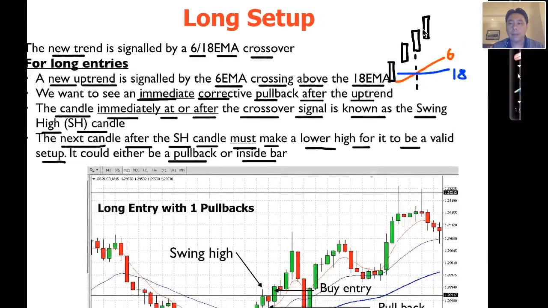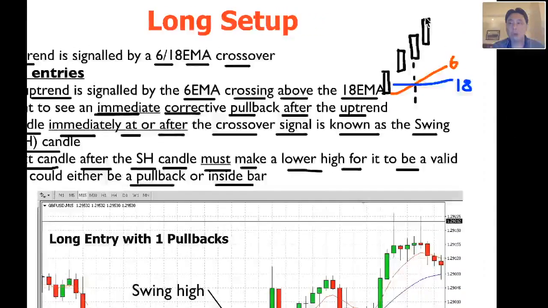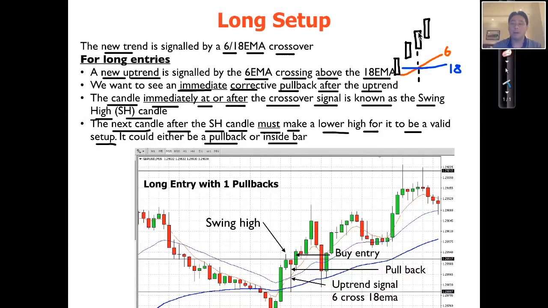This candle now becomes the swing high candle, because it's making a higher high than the previous candle. So it's a new swing high. Is this swing high allowed? Yes, because it comes right after the cross. Remember, right at the cross or right after the cross, but no later than that.